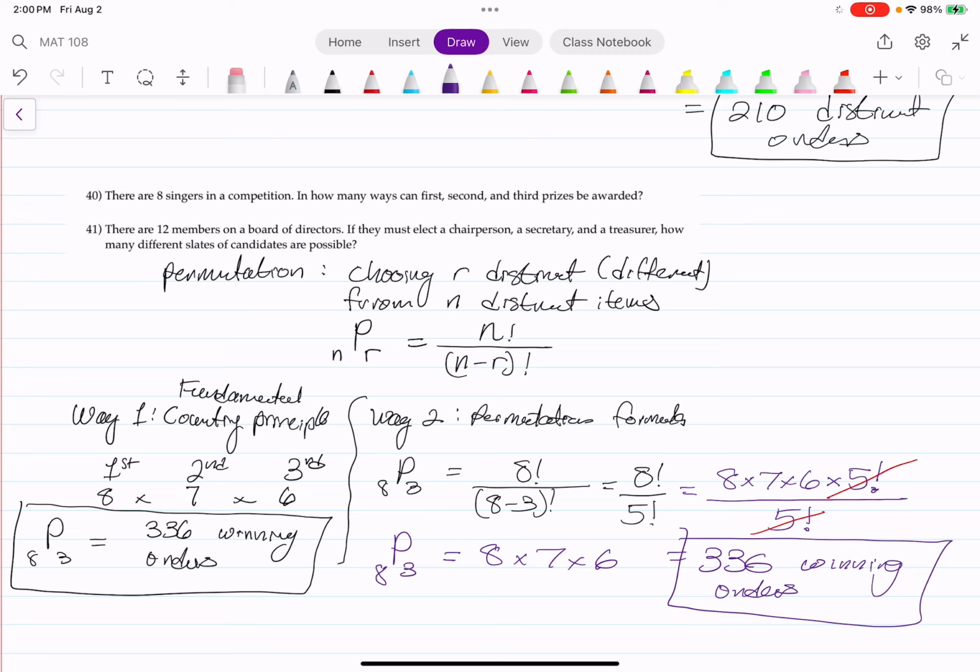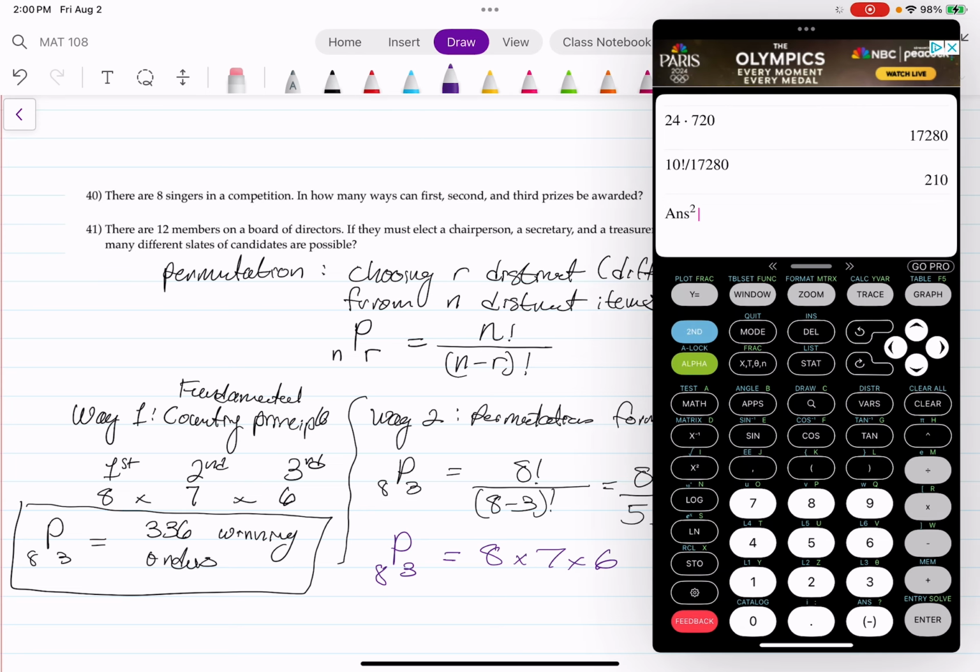Hence showing the correlation between the counting techniques. And then the last way to confirm, you can just confirm it in your calculator.